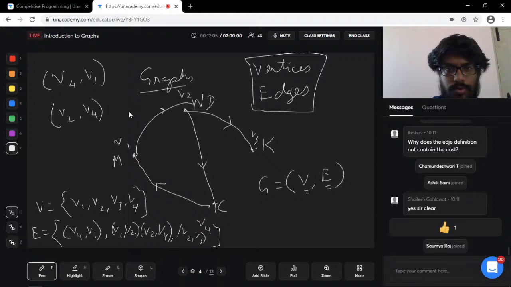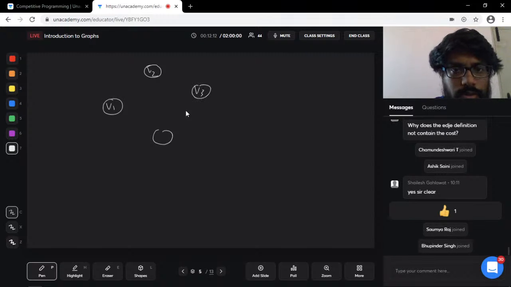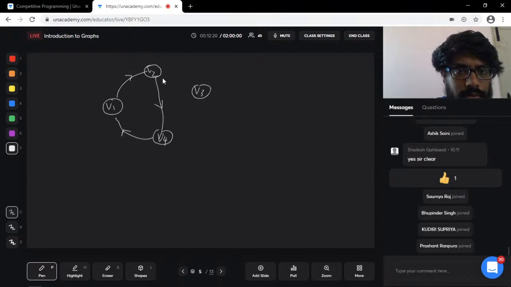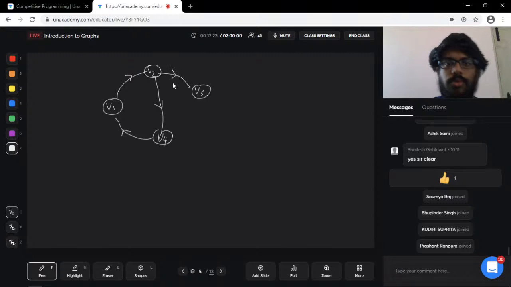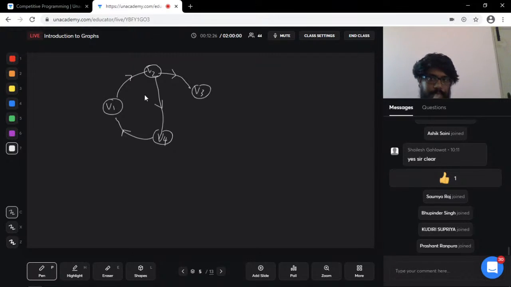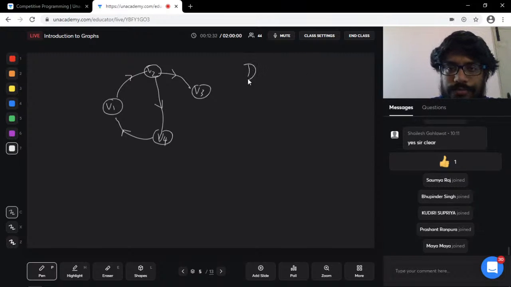So we had V1, V2, V3, V4. This is what our usual graph looks like. As Silesh pointed out, this is what we call a directed graph.